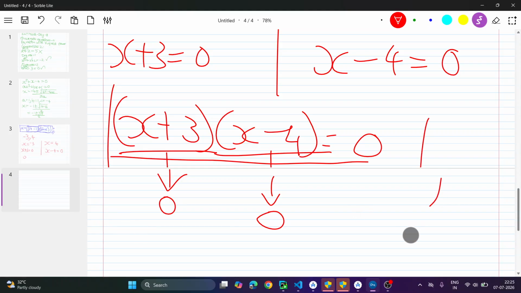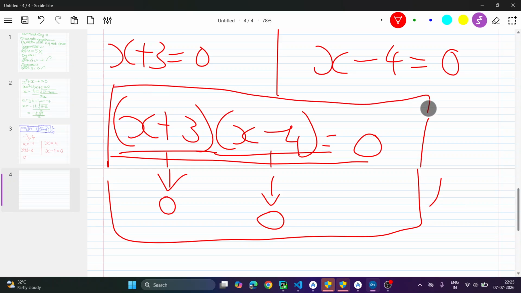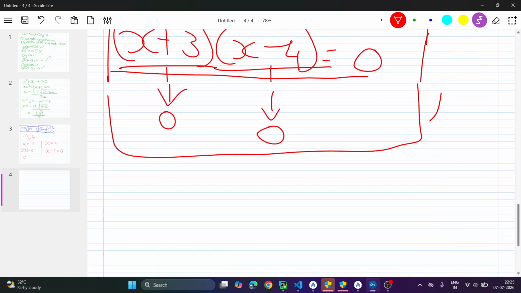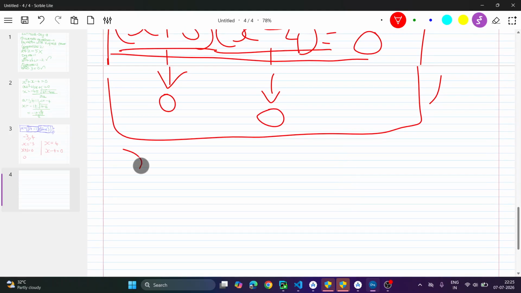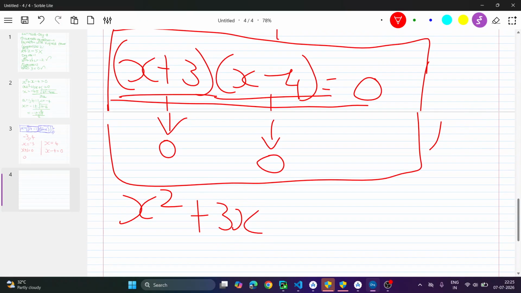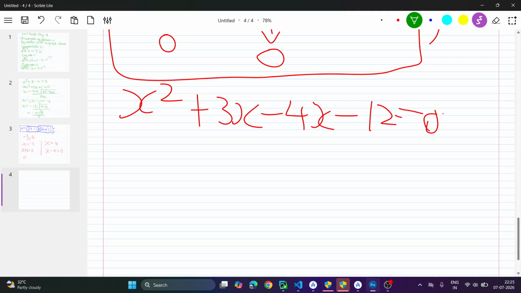Until this point, you're still in the rough column, okay? So now you multiply this: x squared plus 3x minus 4x minus 12 equals 0. Okay, so now you get back to the main column.